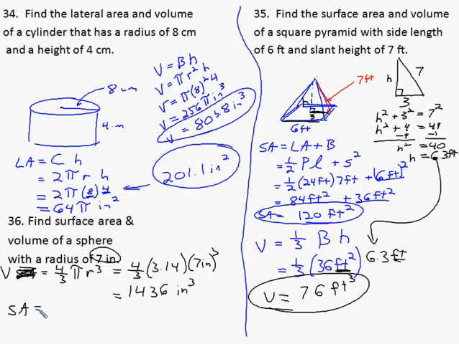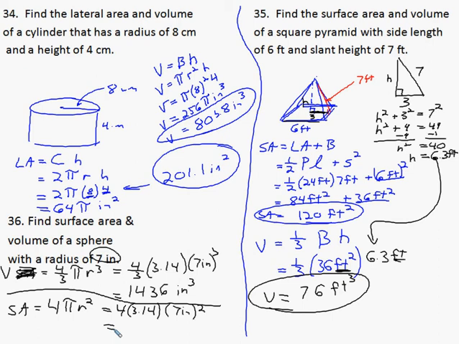Surface area, the equation is 4 pi r squared. So we have 4 times 3.14 times the radius, which is 7 inches, and we're squaring that. And now we just multiply there. Make sure you square your 7, which is 49.